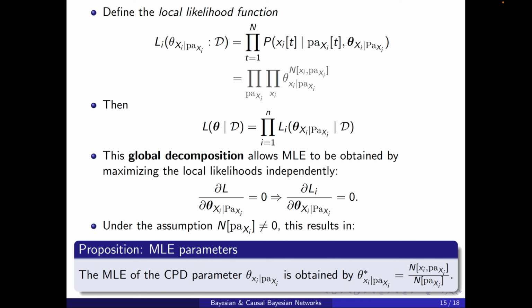The MLE for Bayesian networks, to get the parameters, the only thing we need to do is just count. Count how many times each node with the parents appears and how many times the parent appears. Extremely simple, extremely fast to implement and to calculate.